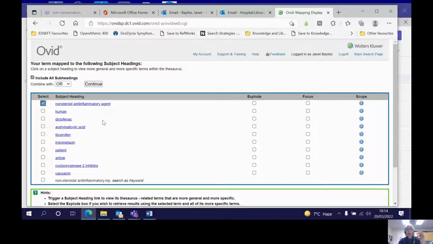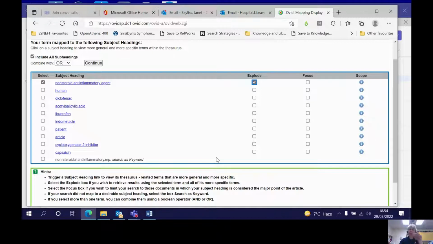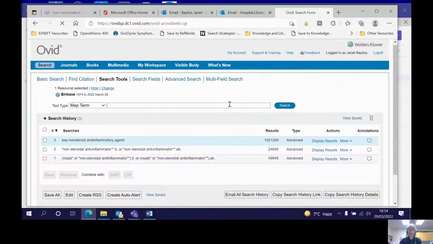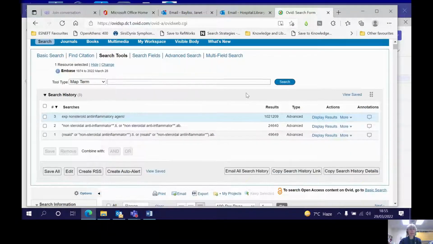That means it will consider the tree structure, the broader terms, and also the more specific terms. So I've asked it to include all subject headings and to explode it. It mentions there: use the explode box if you wish to retrieve results using the selected term and all of its more specific terms, i.e. the terms underneath it in the tree structure. I will click continue.